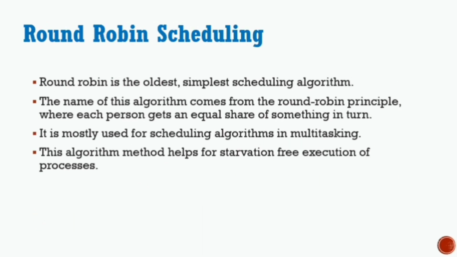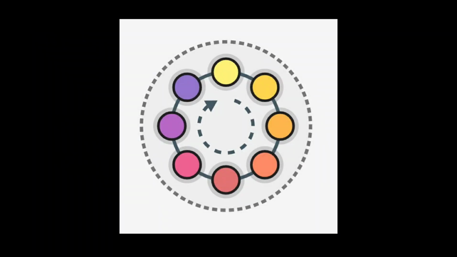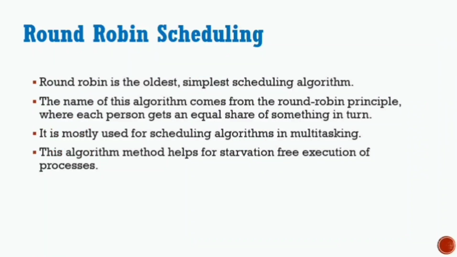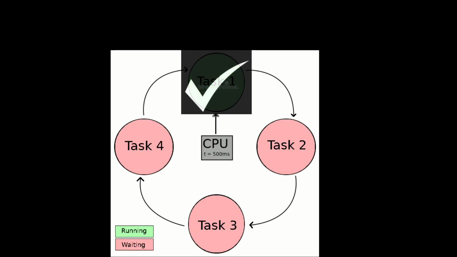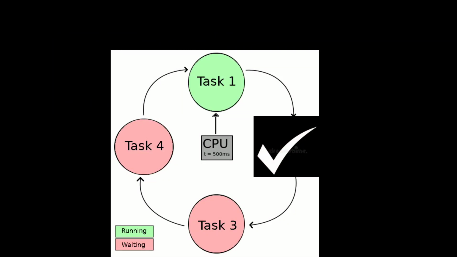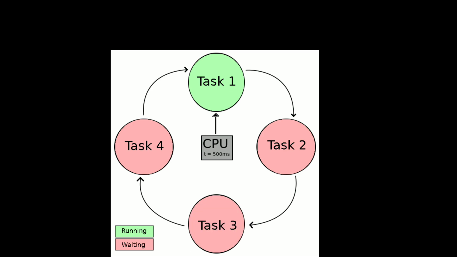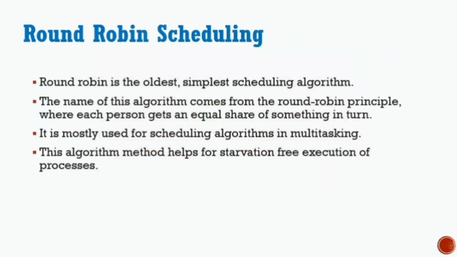The fourth scheduling algorithm is round robin scheduling. Round robin scheduling is one of the oldest yet simplest scheduling algorithms, and the name of this algorithm itself comes from the round robin principle. This principle states that each person or each component in a particular process would get an equal share of something in turn.